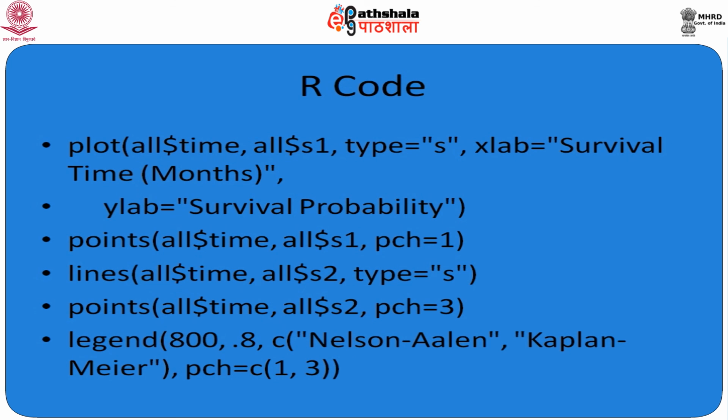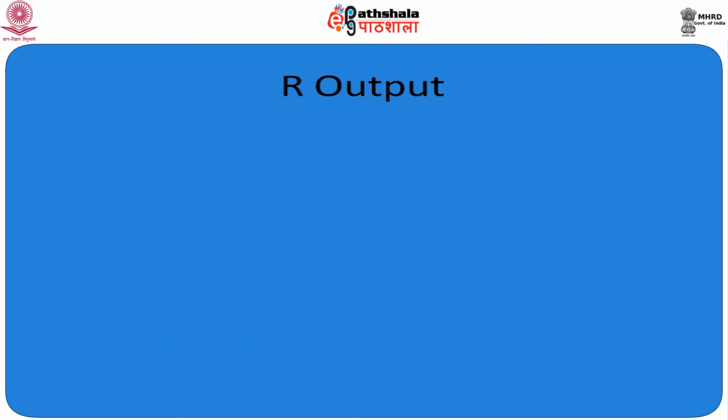Before that, we are assigning the legend function to show which curves, which lines show which estimator, as Nelson's estimator and Kaplan Meier estimator are assigned different types, that's why we are giving a pch with c(1,3), and we are placing this legend around 800 days on the x-axis, and at most 0.8 on the y-axis.